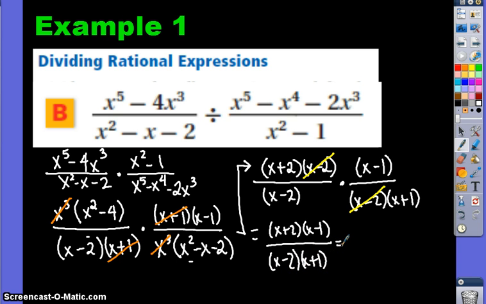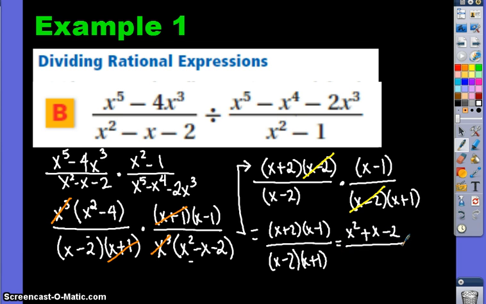All right, so now we want to FOIL those, and we'll be done with this problem. So this would be x squared, and then I'm going to skip a step here, minus 1x plus 2x's is going to give us plus an x, and then a 2 times a negative 1 would be minus 2.